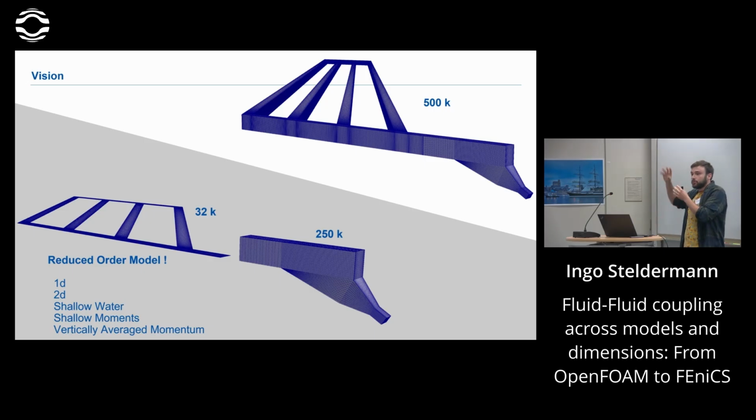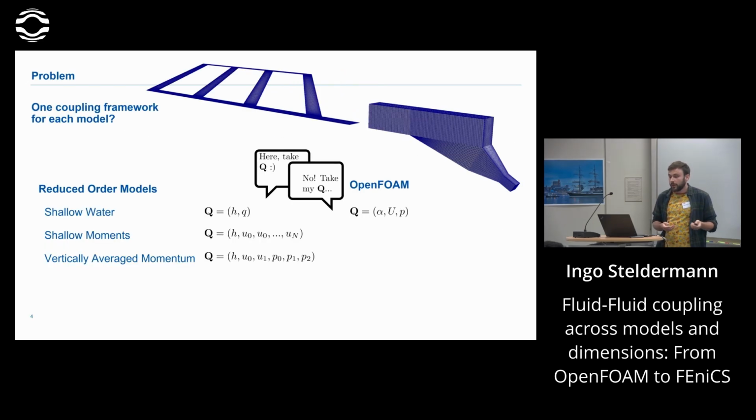If you have a tsunami propagating from its origin to the shore, you need a different model again. You then want to couple to another model. Then you want to go into your city and have the fluid structure interaction, you again have another model, right? And all of them have their purposes. So I think this is an ideal way to introduce a framework where we can easily transition between all of these. So this is my vision.